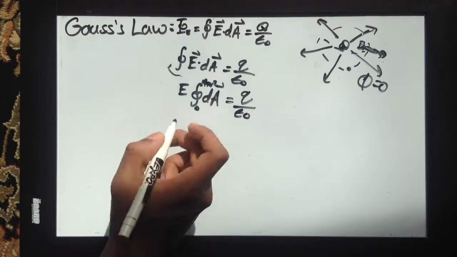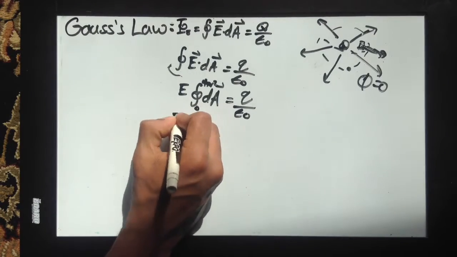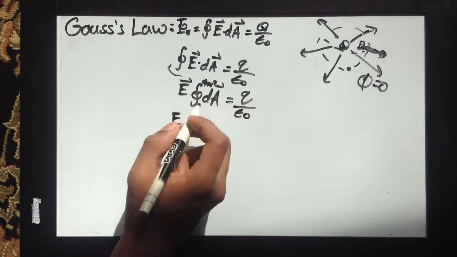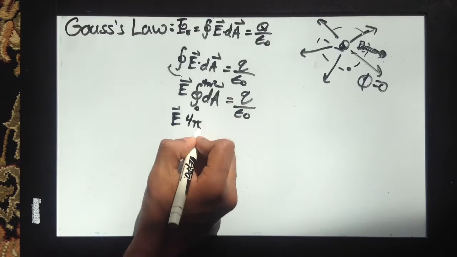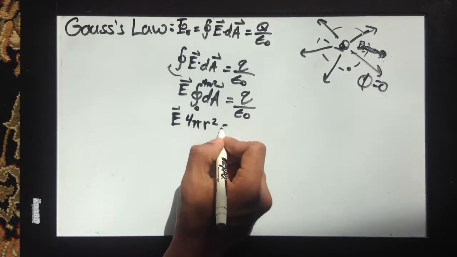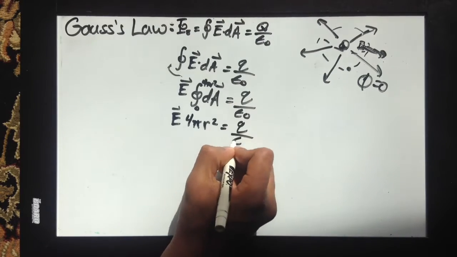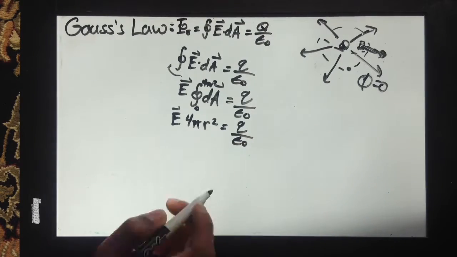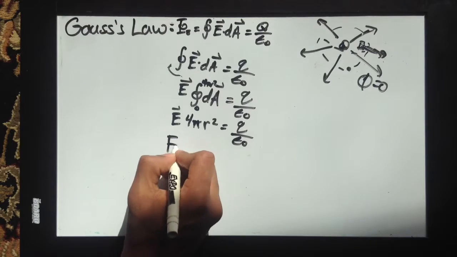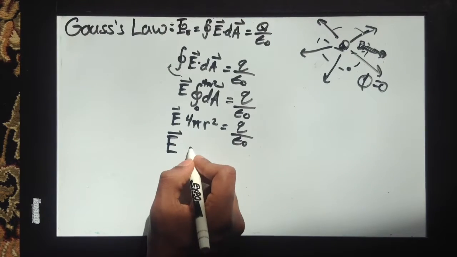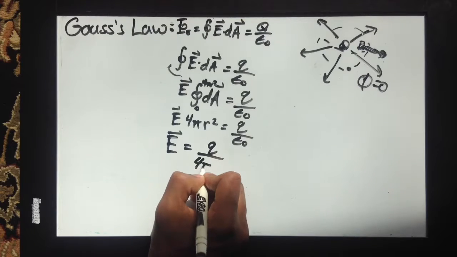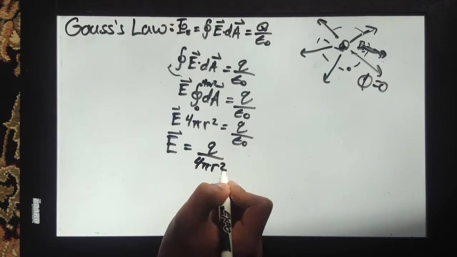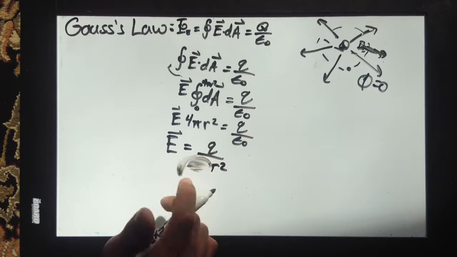Now if we integrate this, we get E times 4 pi r squared equals Q over epsilon naught. And now if we solve, we get that the electric field at this point charge is equal to Q over 4 pi r squared. Well, let's put epsilon naught in.